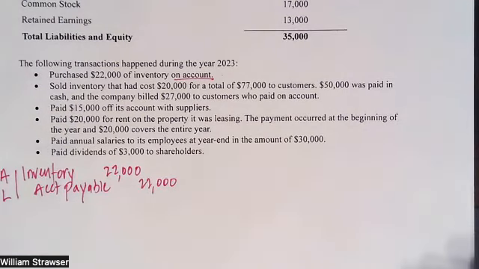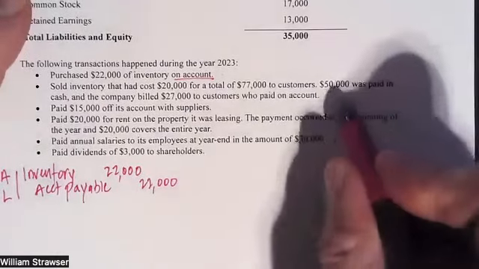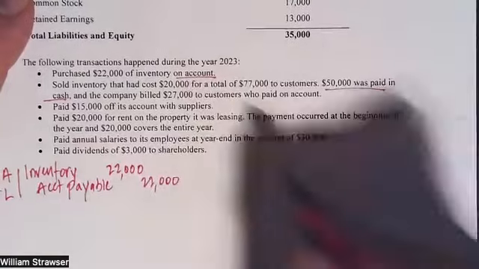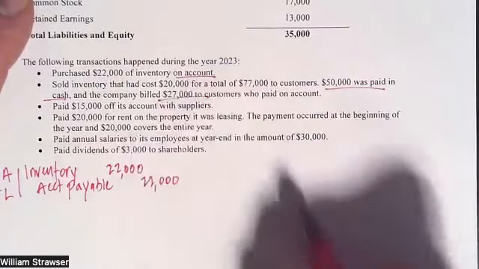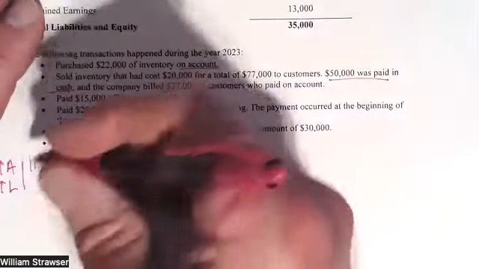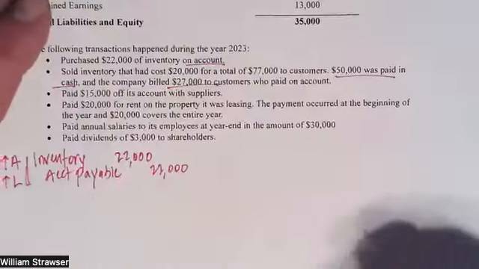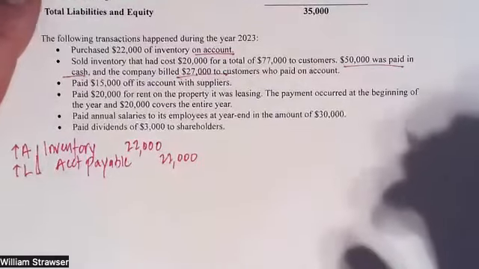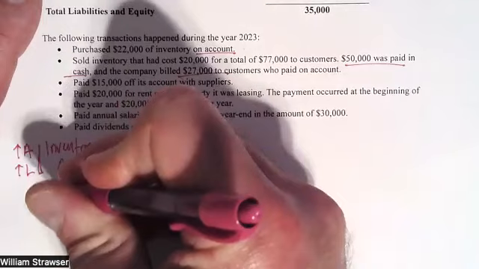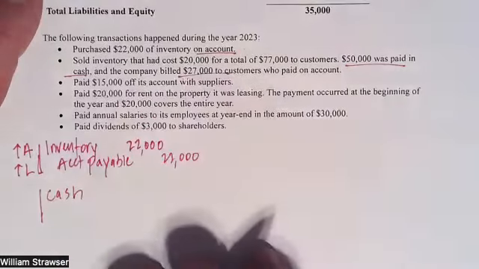Okay. So what did I get in this transaction? What I got was $50,000 of cash and a promise from customers for $27,000 more. So that's the got part. And cash and the agreement that I'm going to be paid cash, that is cash, an asset.